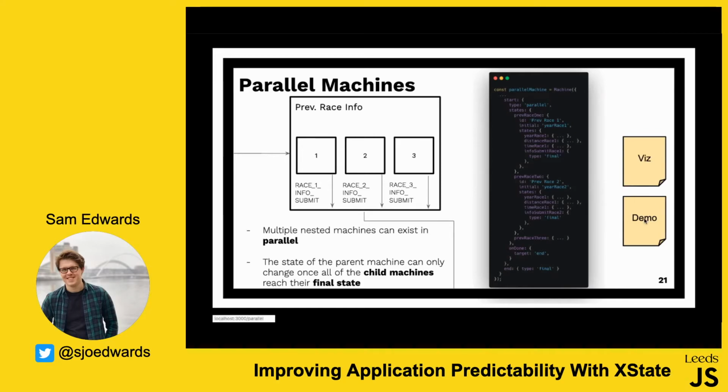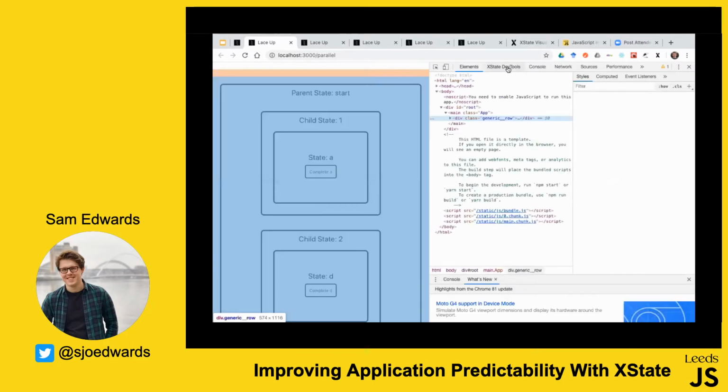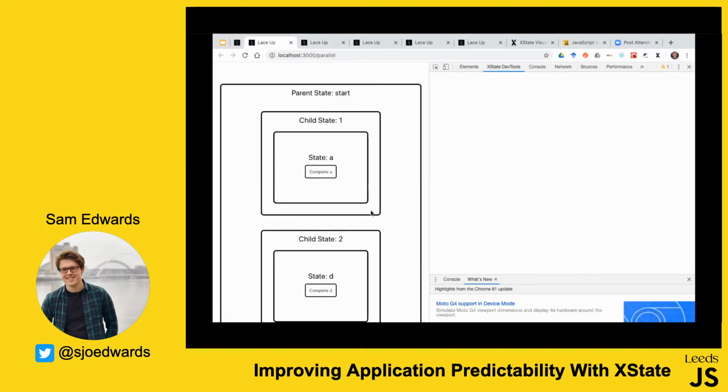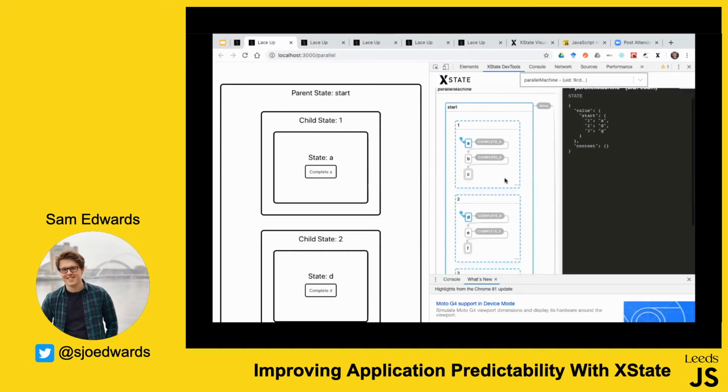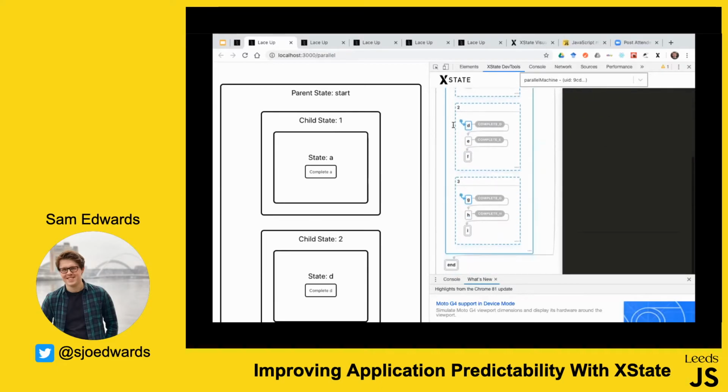So again, flipping across to a demo, you can see that in the inspector on the Chrome extension, it loads. I'm using an older laptop and it's struggling today. Here we go. So you can see that we're in this parent state of start, and there's a parent state of end.